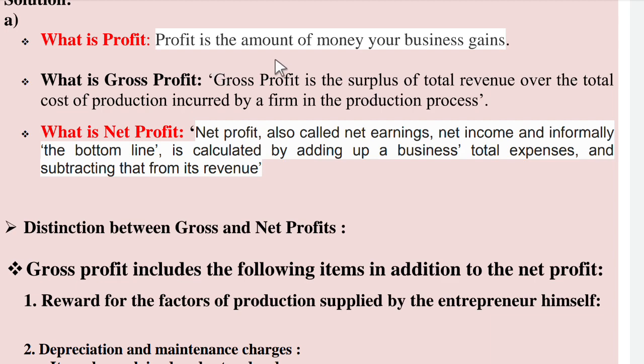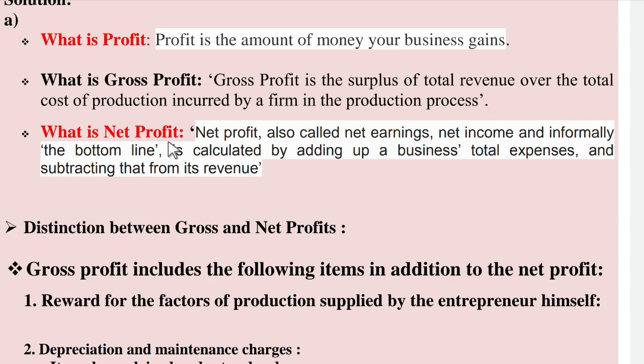Profit is the amount of money your business gains. And then what is gross profit? The main aspects are gross profit and net profit. Gross profit is the surplus of total revenue over the total cost of production incurred by a firm in the production process.